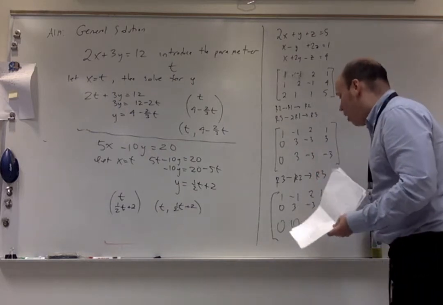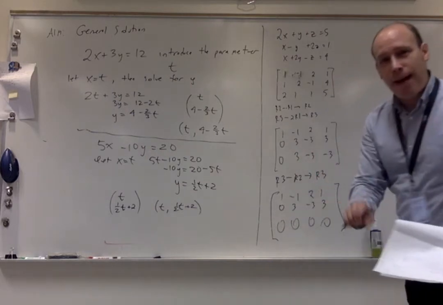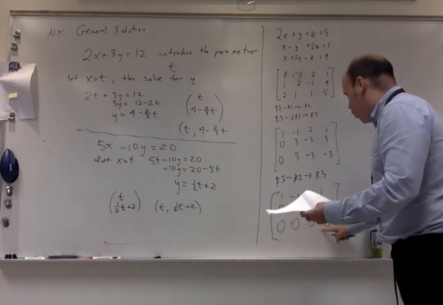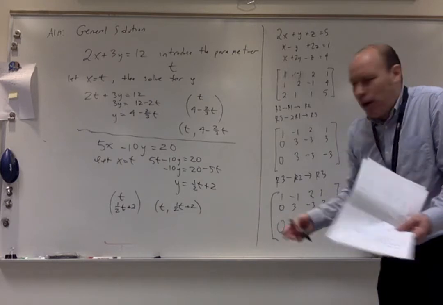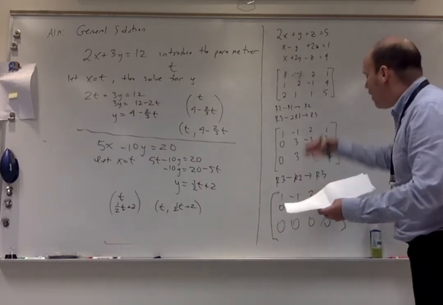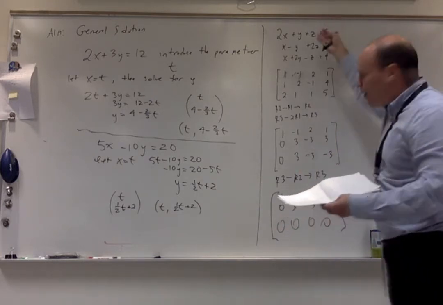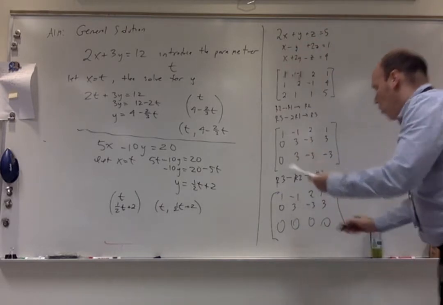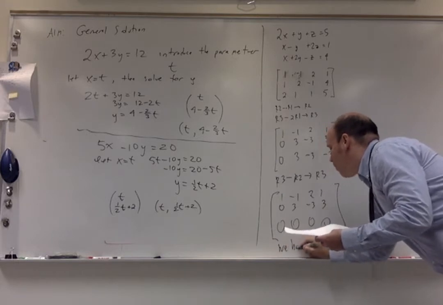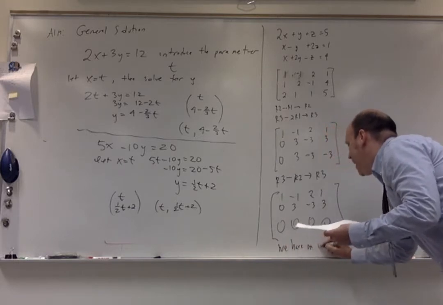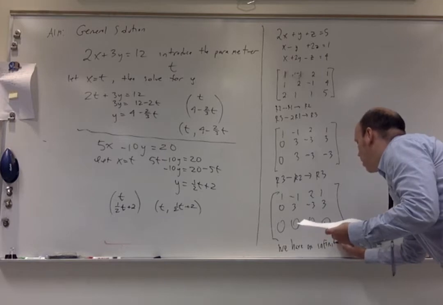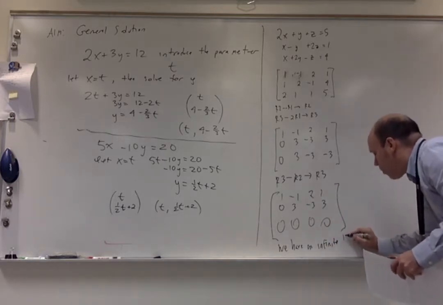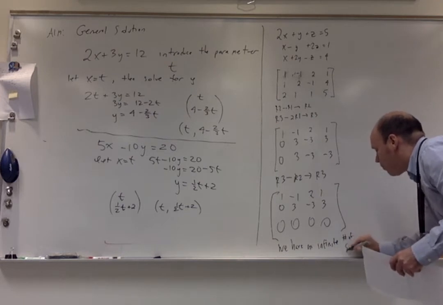How do I solve it? Well, what we have here is an infinite number of solutions, because of the row of 0, 0, 0.